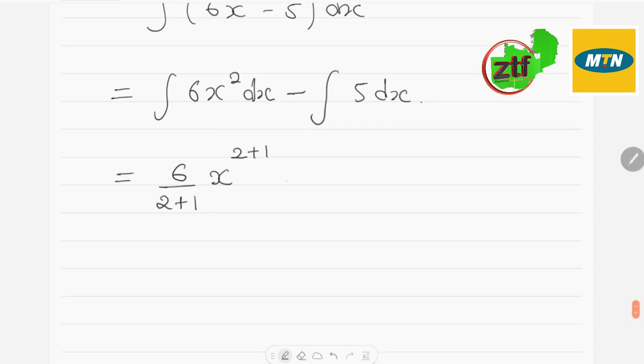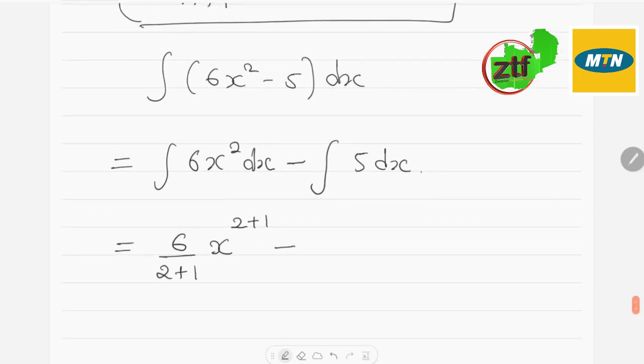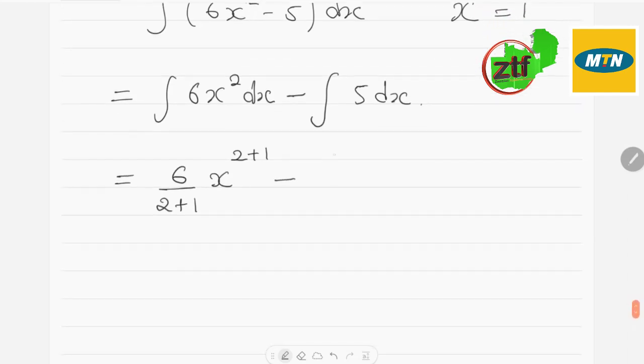Now we know that under indices, when I write x raised to the power 0, this gives me 1. So for this integral, I'll introduce this arbitrary x, but we know that this x is a 1.